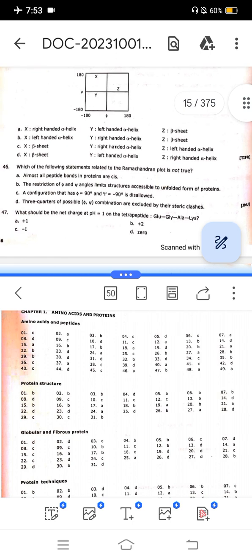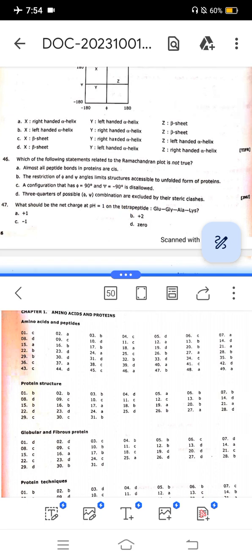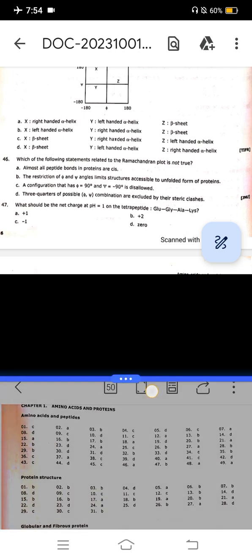And which one of the following statements related to the Ramachandran plot is not true? Which one is not true? 46. A, in the sense almost all peptide bonds in proteins are cis. That's not true. But all other statements are supposed to be true. So the restriction of psi and phi angles limits structures accessible to the unfolded form of proteins.